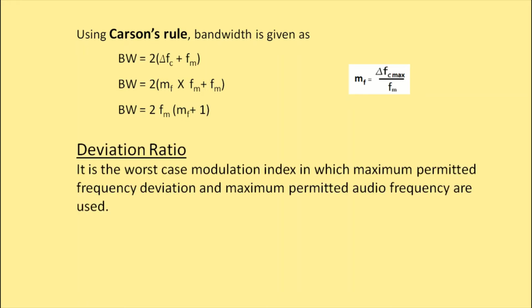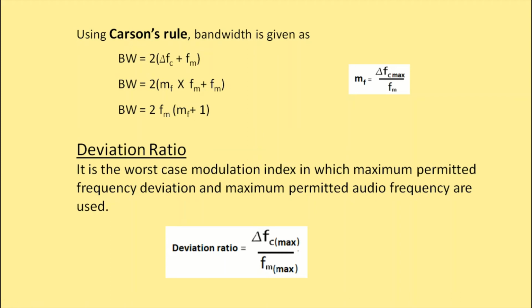Moving on to the fourth definition, it is the deviation ratio. Deviation ratio is nothing but the ratio of delta FC max to FM max. That means it is the worst case modulation index in which maximum permitted frequency deviation and maximum permitted audio frequency are used. Here delta FC max is 75 kilohertz, and you need to remember this value as it is very useful while solving the numericals.